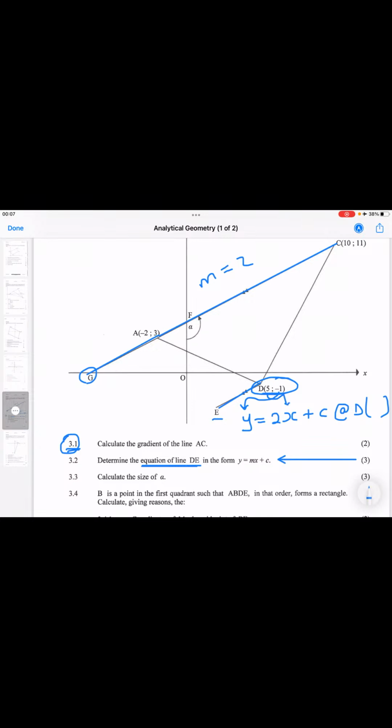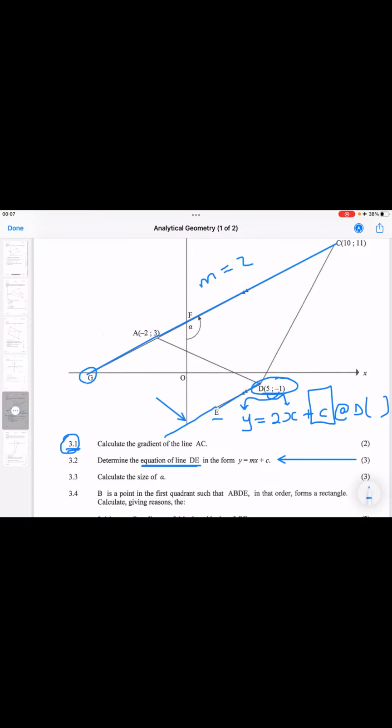So you're going to substitute those values in order to calculate the C value. Once you know what the C value is, obviously it has to be a negative value, because you realize when you extend that to cut the y-axis, it's going to intersect where y is negative, or below the origin.